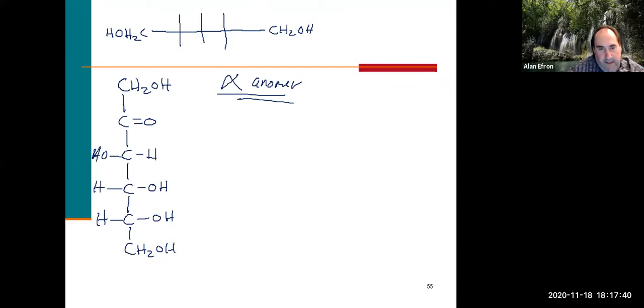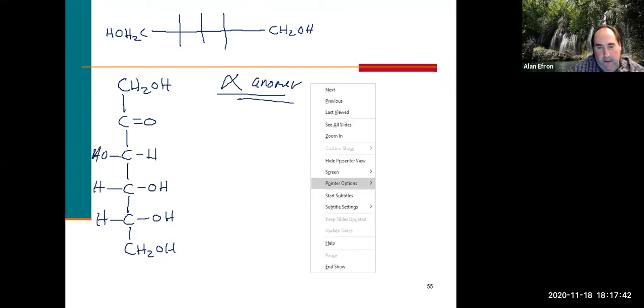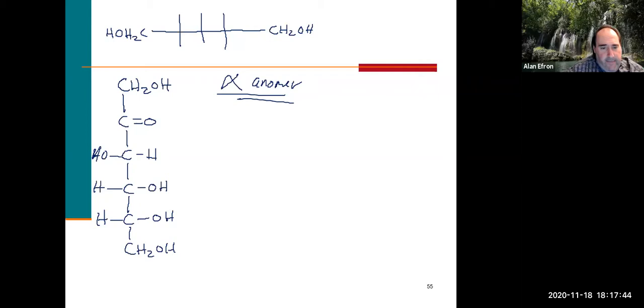Get rid of that one real quick. And we would have our double bond right about there. So that would be a carbon, obviously. And if we numbered it, this would be 1, 2, 3, 4, 5, and 6. That corresponds to this 1, 2, 3, 4, 5, and 6.